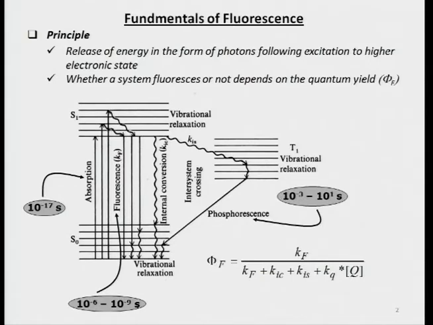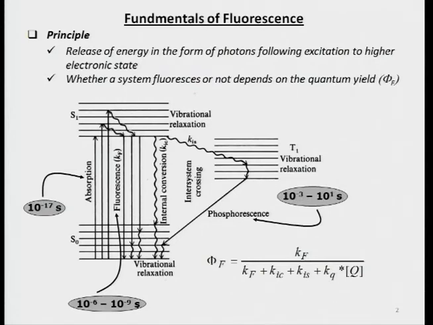So, not all molecules fluoresce. Those molecules that have a reasonable transfer efficiency, a reasonable rate of fluorescence, do fluoresce. And there are competing processes, for example, internal conversion, intersystem crossing, and then we can actually have some quenchers in our system.